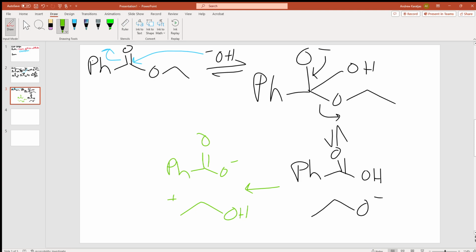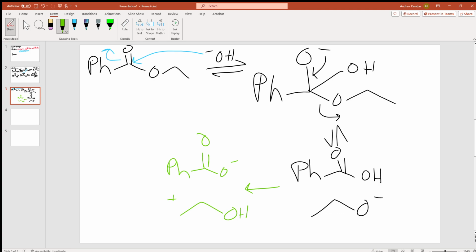And because the pKa difference is so significant between the carboxylic acid and an alcohol, in theory, of course, we should draw that step as an equilibrium step. But the equilibrium lies so strongly to one side of this reaction that we can essentially show it as a one-way reaction. And so that means that any of the carboxylic acid that forms from loss of this bad leaving group immediately gets pulled out of that equilibrium.